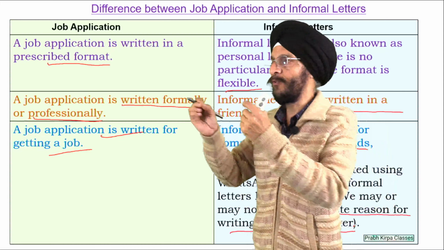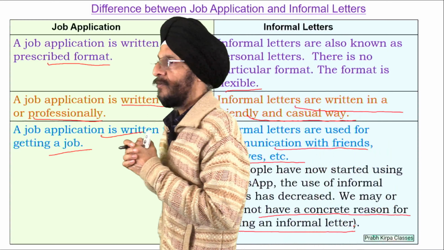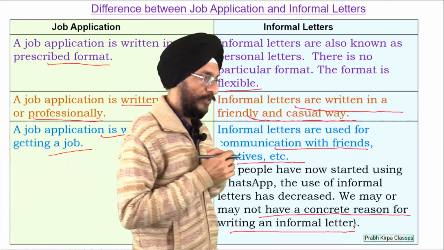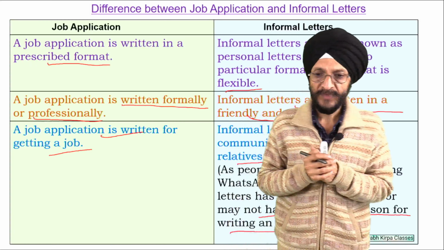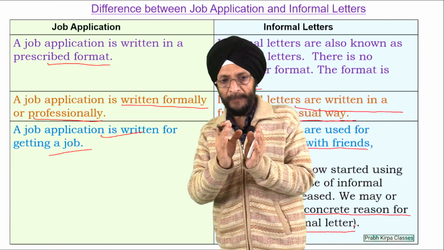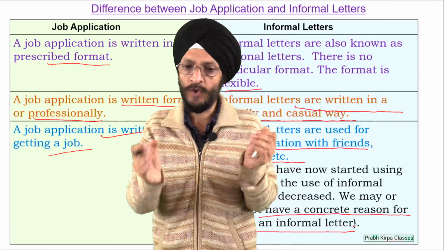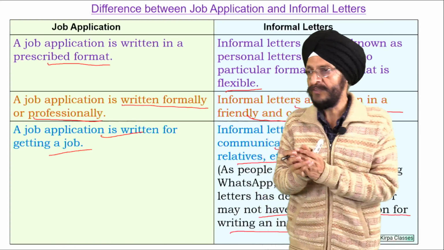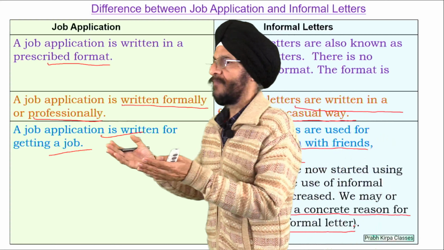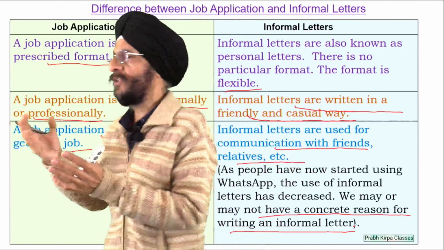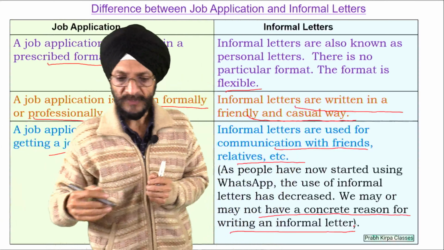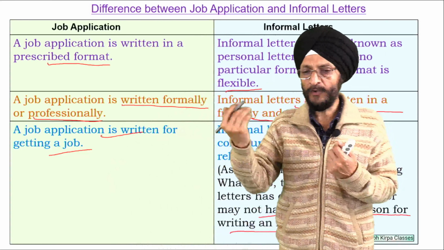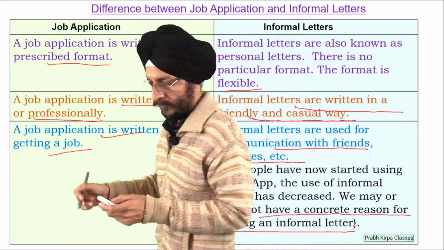Or when we write to the police commissioner or police authorities, we may be informing about the deteriorating law and order situation. So there is some purpose whenever we write a formal letter or job application. But in case of an informal letter, there may not be any concrete reason; just for the purpose of writing or having communication with our friend or relative, we may be writing an informal letter.